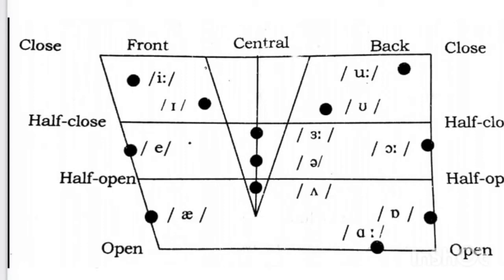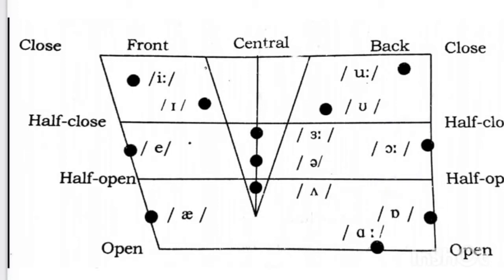Okay, so when you take into consideration O as in corn, you can see that this is the back of the tongue, and it is raised to a position over here between half open and half close. This is the line you can see.